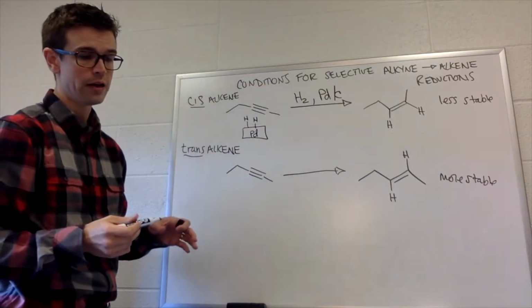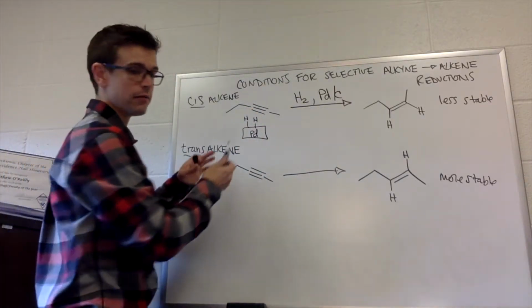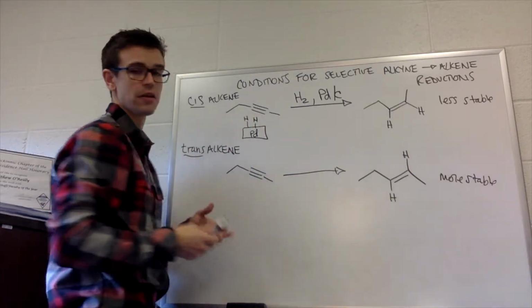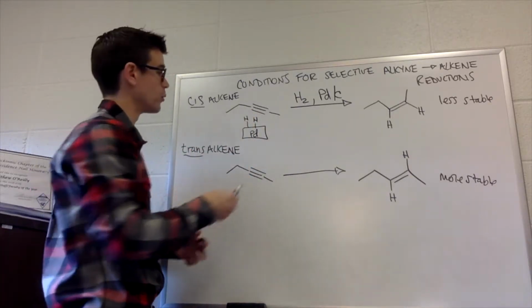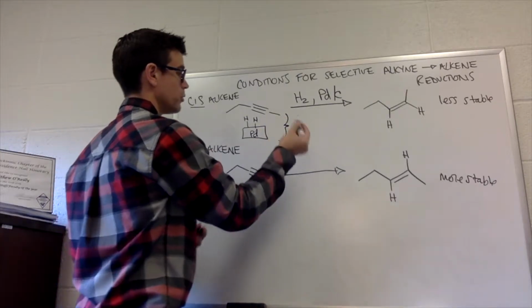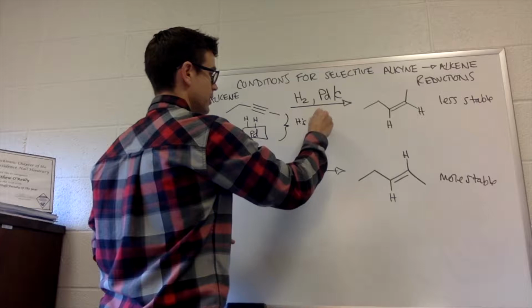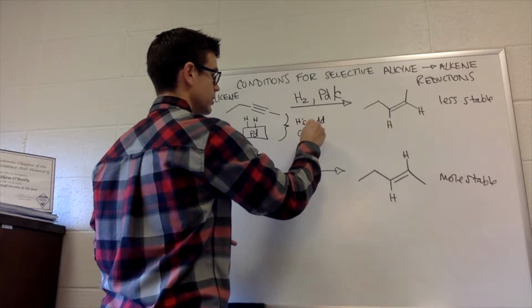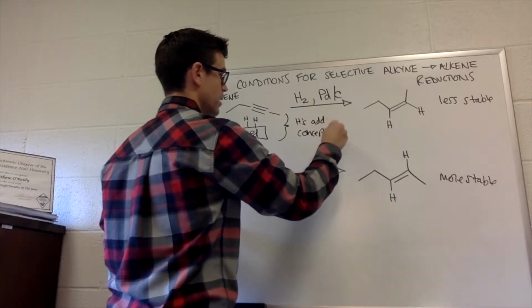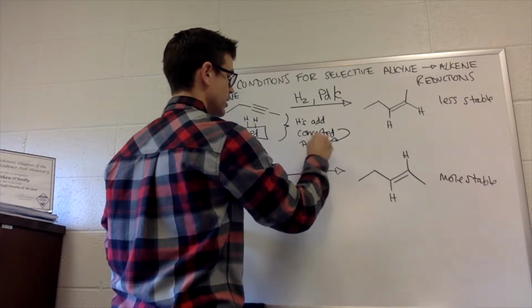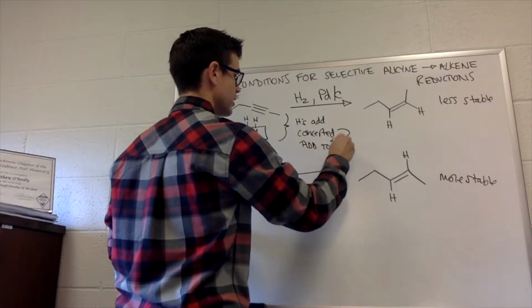Those hydrogens get added very quickly to the pi bond in a concerted way. So we'll write that the H's add concerted, and because of that, they add to the same side.